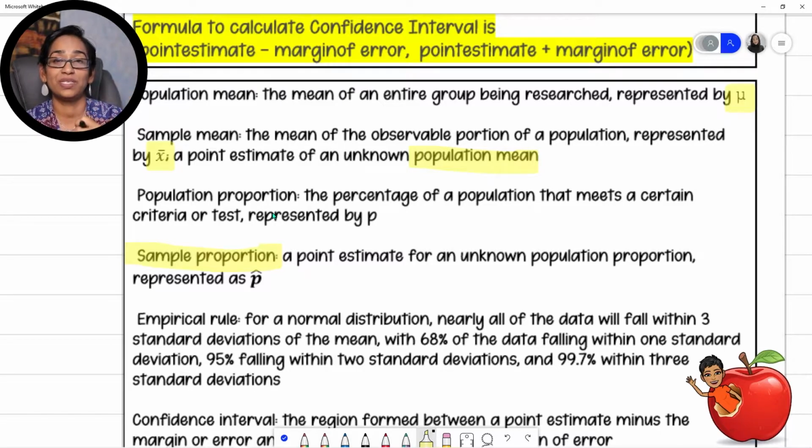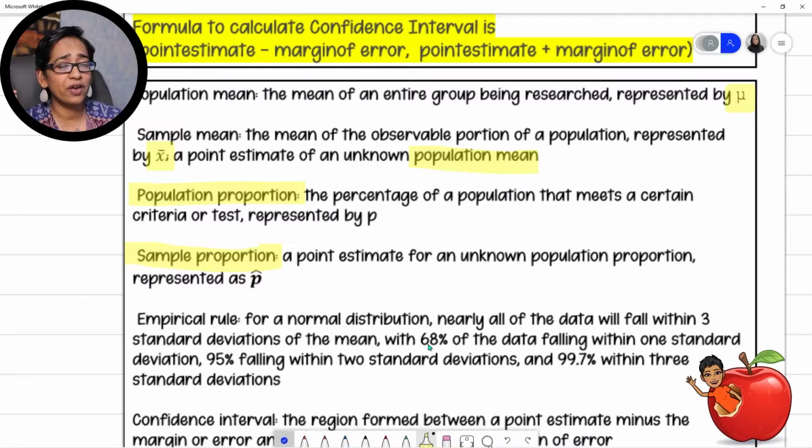Let's just say 54 percent is Democrats, right? So that 54 percent that I got from the sample is my sample proportion. And using that sample proportion, I can infer something about my population proportion, all right?